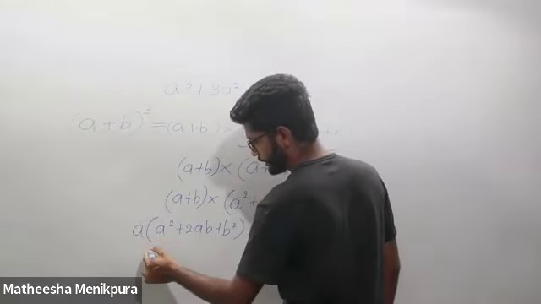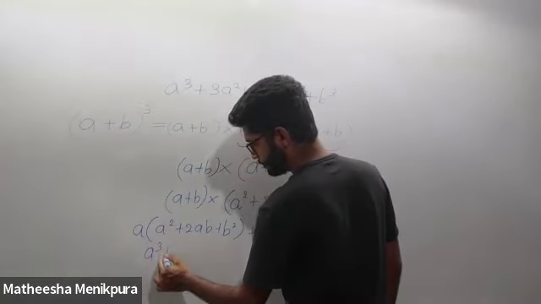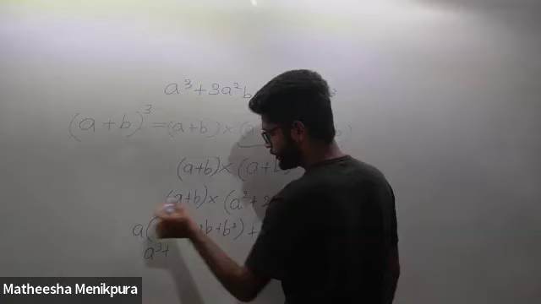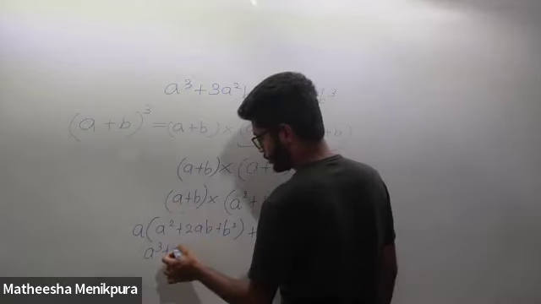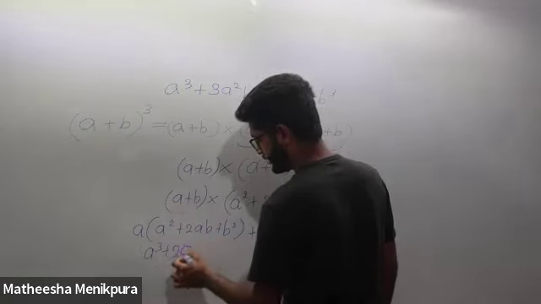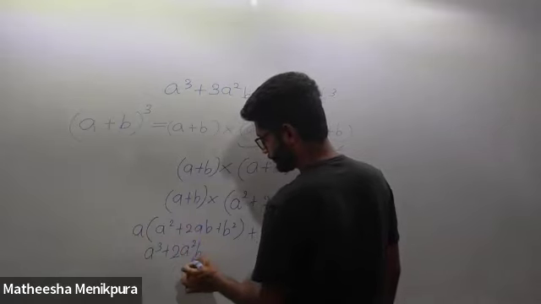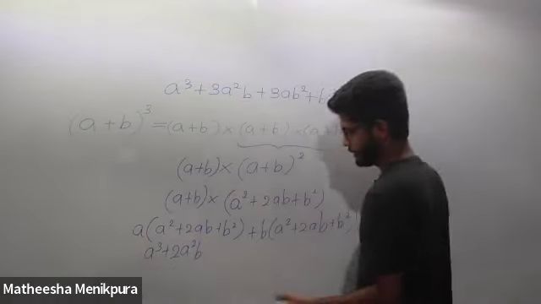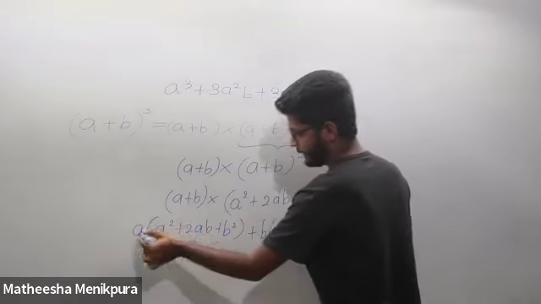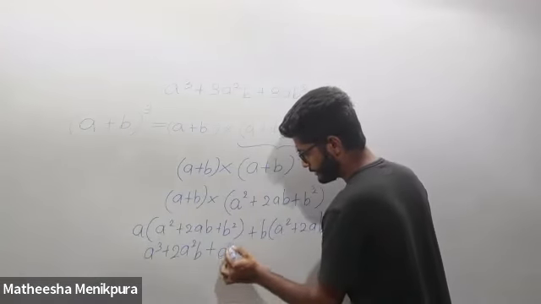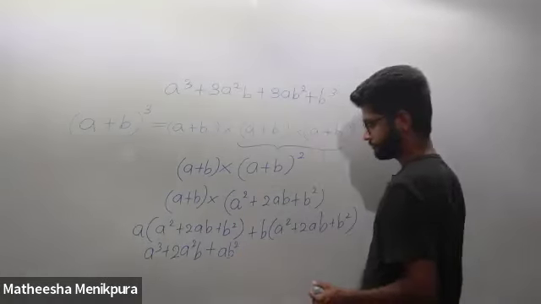A into a squared, that is a cube, plus a into 2ab, that is 2a squared b, plus a into b squared, that is ab squared.